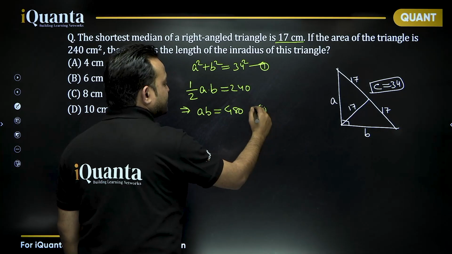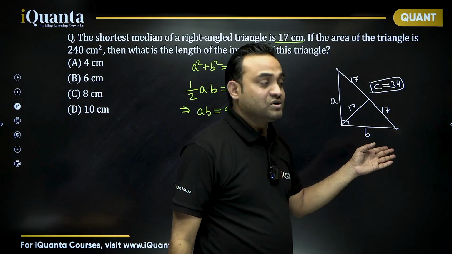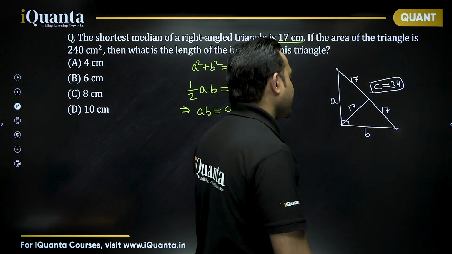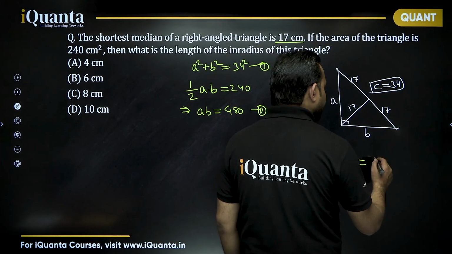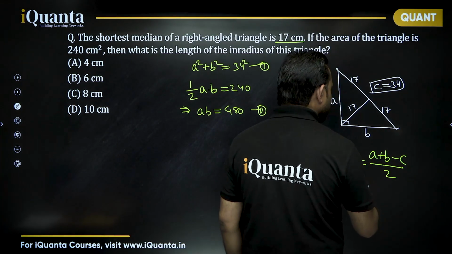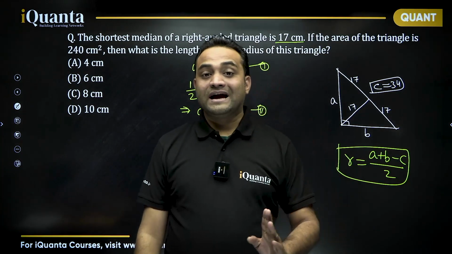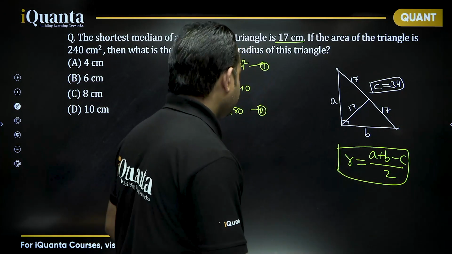This is our second equation. Now in any right angle triangle, if A and B are perpendicular sides and C is the hypotenuse, how do we find the inradius? There is a direct formula, A plus B minus C by 2. There was a question based on a similar formula in CAT 2024 slot 1 again.